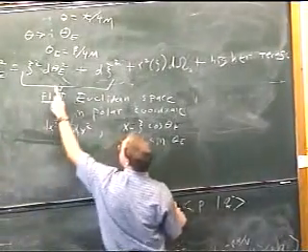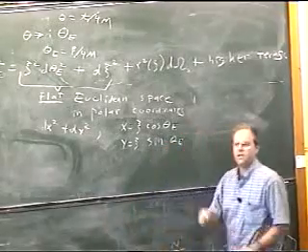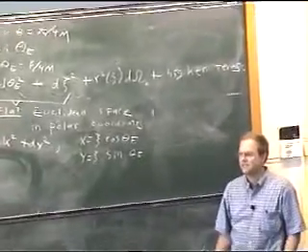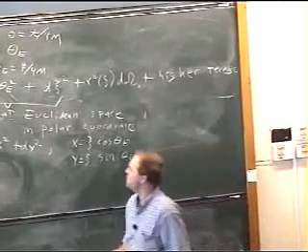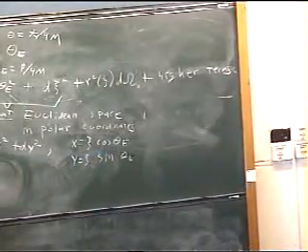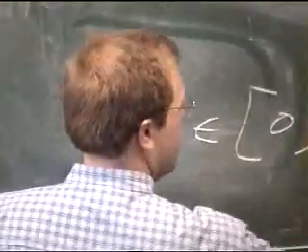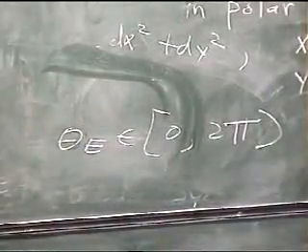Well, if theta e is the angle of polar coordinates, does it live on a line or does it live on a circle? It lives on a circle, right? And over what values is it allowed to range? Well, it's got to be in 0 to 2 pi. Okay?